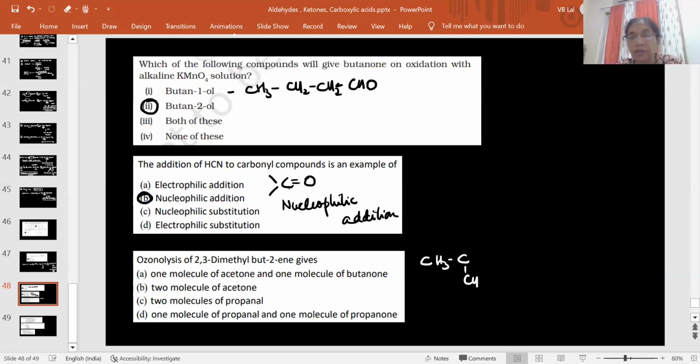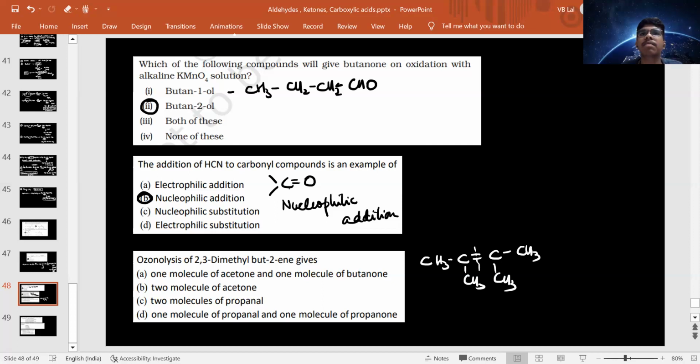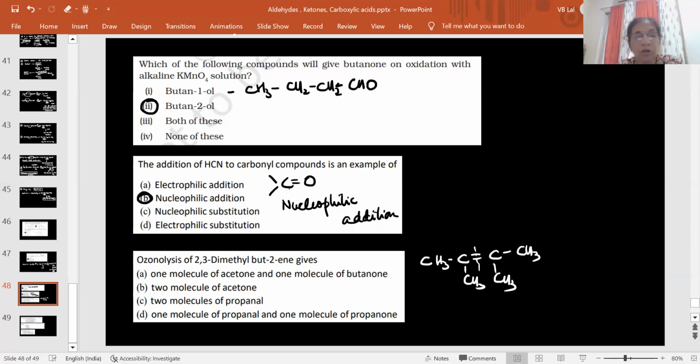2,3-dimethyl-2-butene. This is the compound. So if we do ozonolysis, we get, option C, ma'am. Two molecules of propanol, ma'am. Why two molecules of propanol? It is two molecules of acetone.